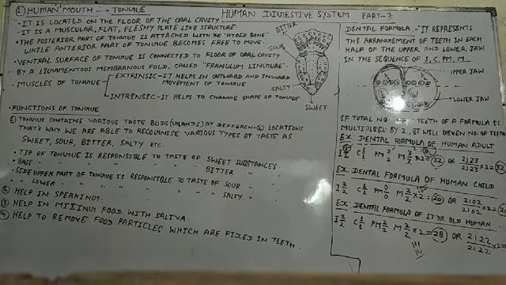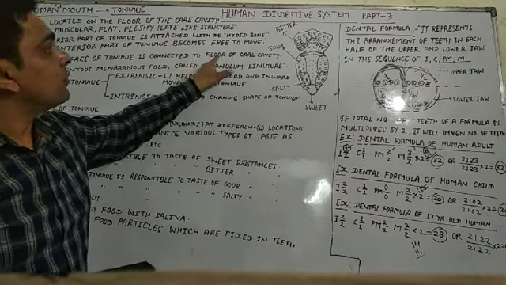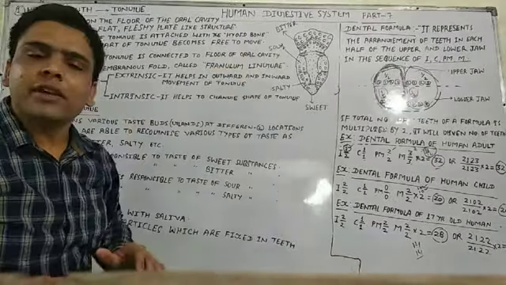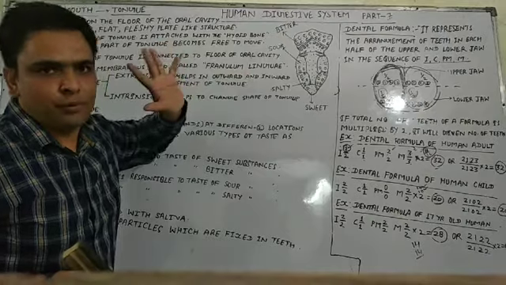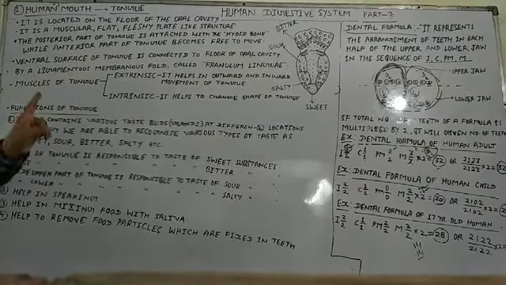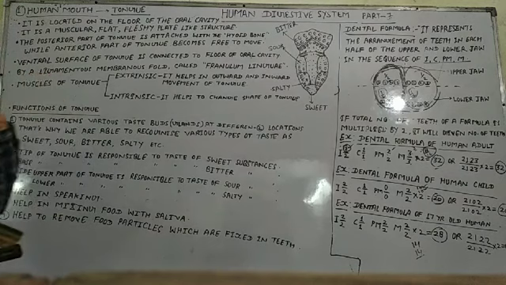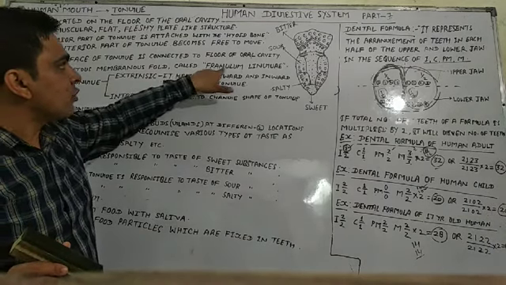What I want to say is that the ventral surface of the tongue is connected to the floor of the oral cavity, and the name of the structure by which the tongue is connected is called frenulum linguae. You must remember the name of this structure on the ventral surface of the tongue. See, look here, this is called frenulum linguae.